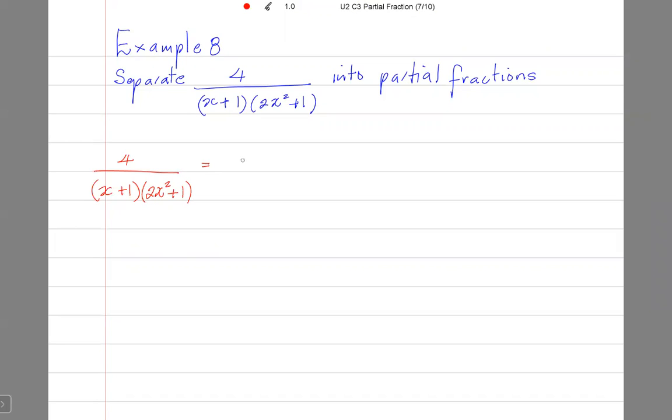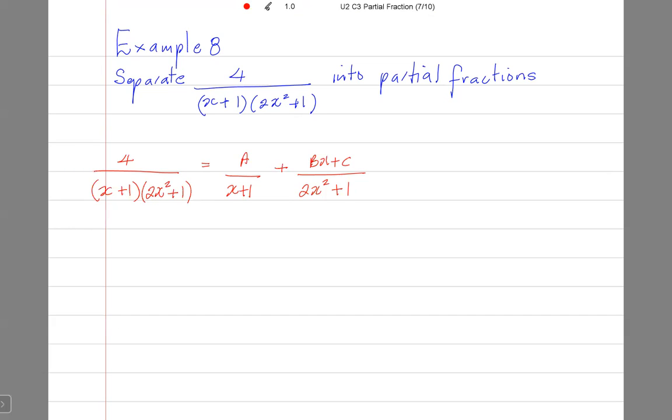So this is going to become separated into A over x plus 1. That's what you do for a linear factor. And plus Bx plus C over 2x squared plus 1. So Bx plus C is what you would put over a quadratic factor.